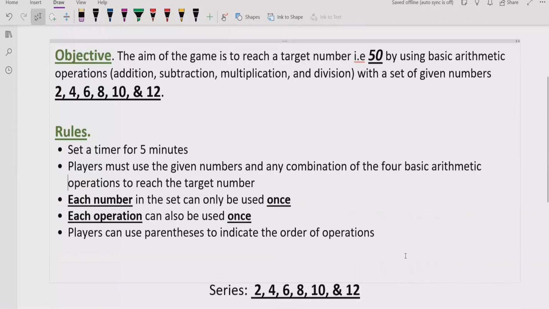You have to use each number in the set only once, and each operation can also be used only once, and the player can use any parenthesis to indicate the order of operations.